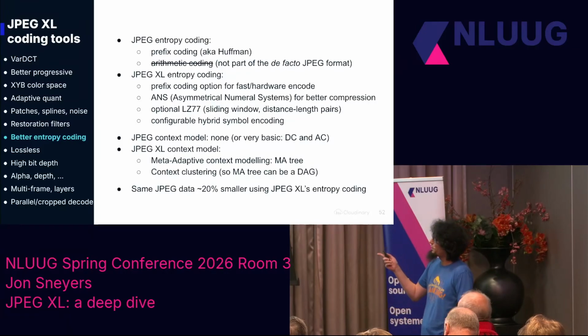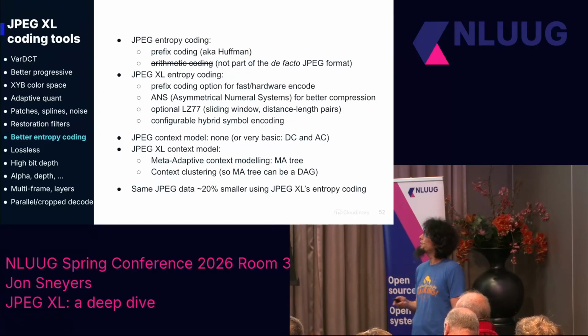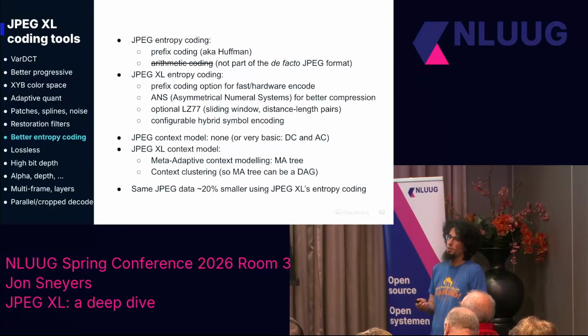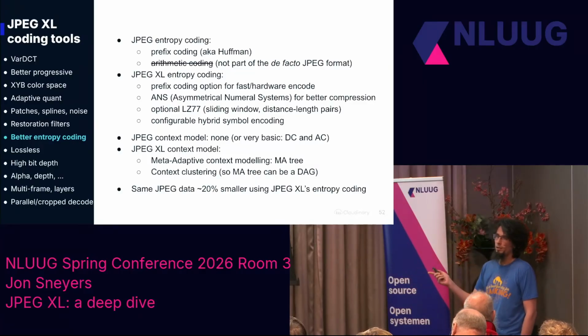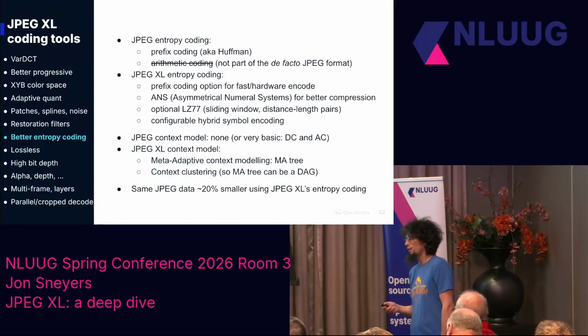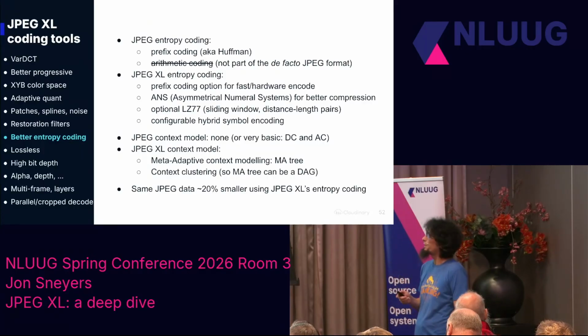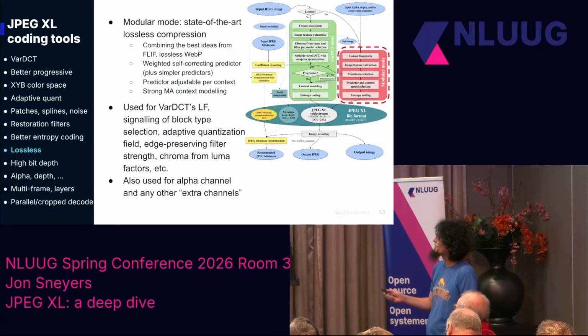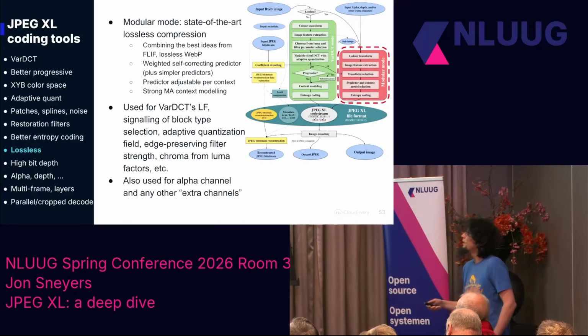We also have the option to do LZ77, which is similar to what is in deflate or zip or PNG. This is especially useful for non-photographic images that have longer zones of solid color or repeating elements. And then we also have context modeling. I'll come back to that later.